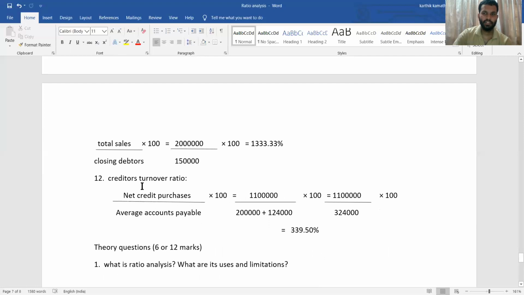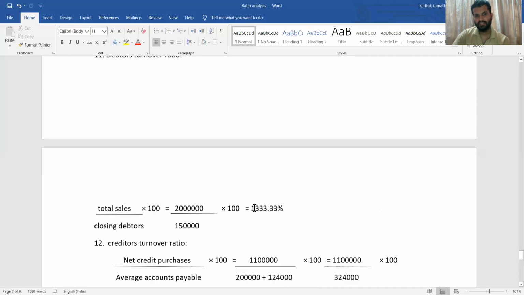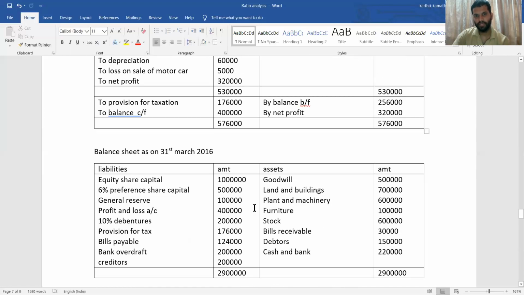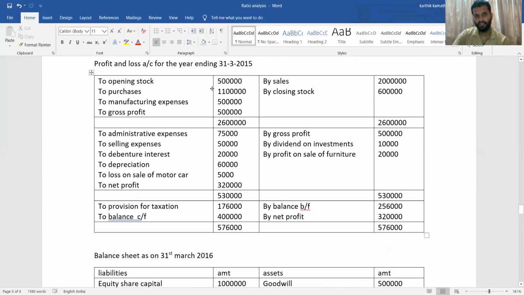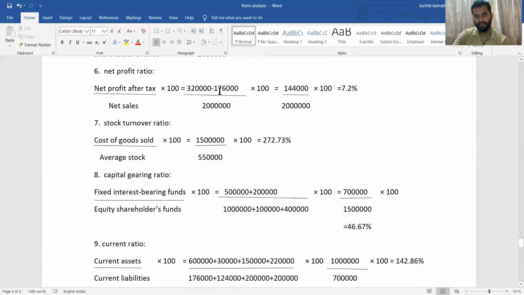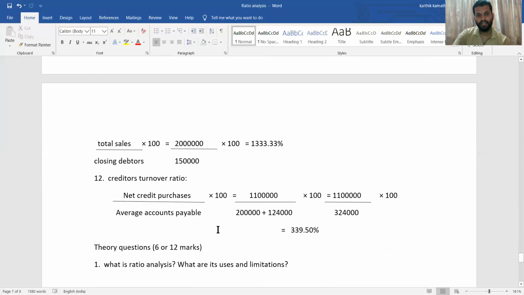Next, creditors turnover ratio. Creditors turnover ratio is net credit purchases divided by average accounts payable into 100. For net credit purchases, go to the P&L account: purchase information is 11 lakh, given in the question itself. So 11 lakh trade purchases divided by average accounts payable, that is creditors plus bills payable.